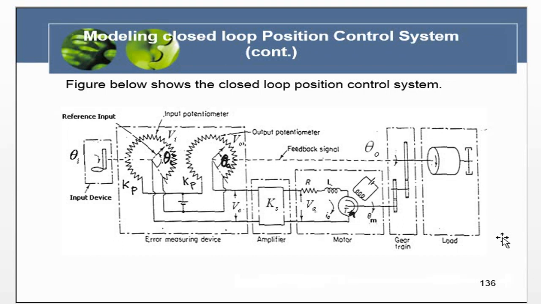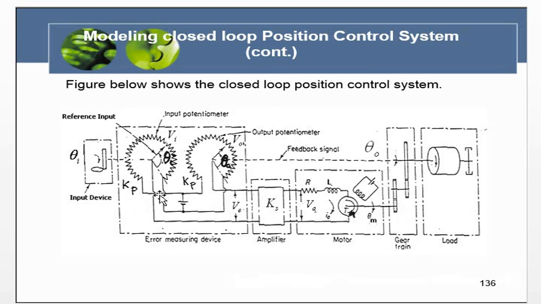For example, this system is the antenna system that I explained to you previously in the first chapter. That is the antenna plate. Okay, then there is the gear to reduce the speed.